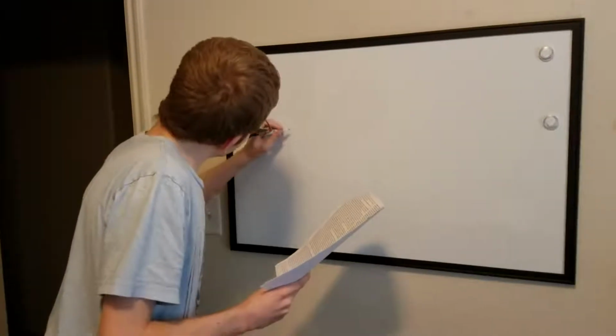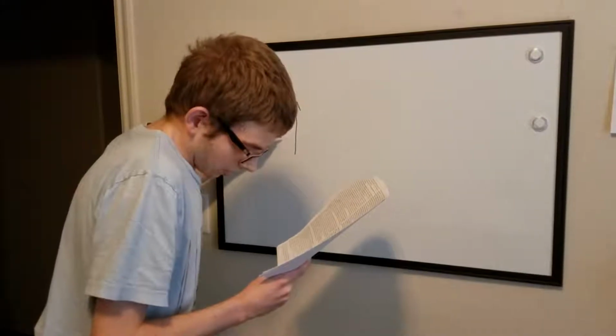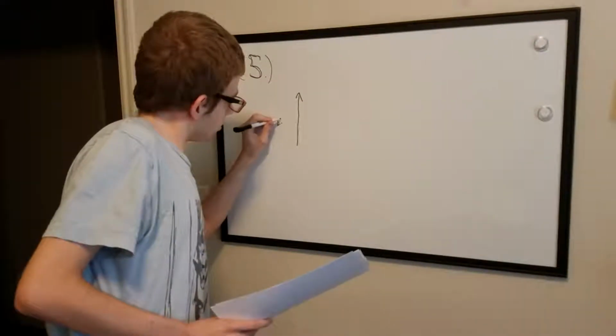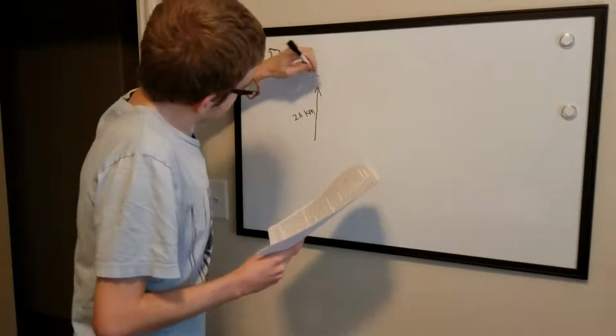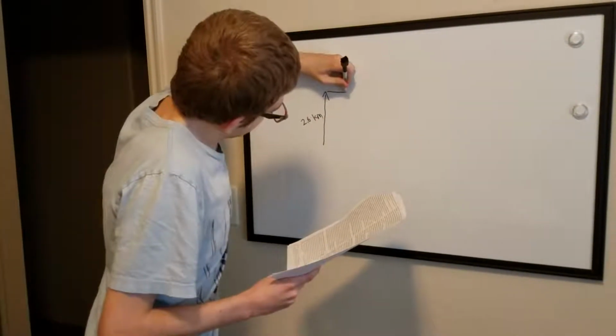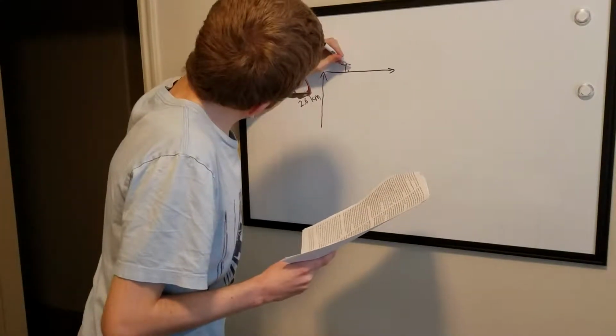First, the postman goes in this direction. He goes 2.6 kilometers north. Then he goes 4 kilometers east.